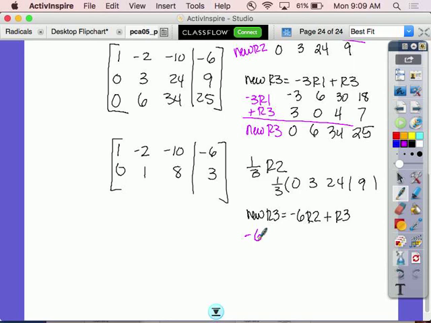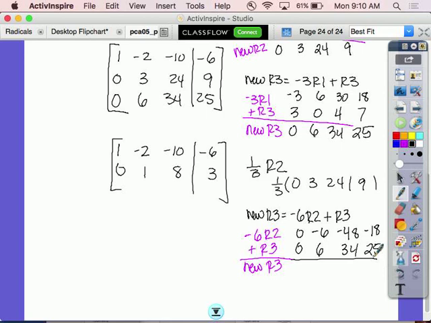So -6 times row 2 will be 0, -6, -48, -18. And then the row 3 that I'm referring to is this row 3, 0, 6, 34, 25.